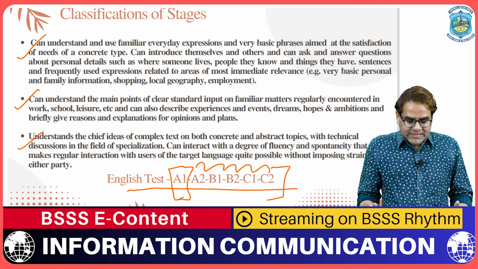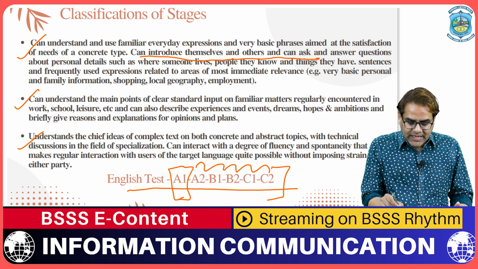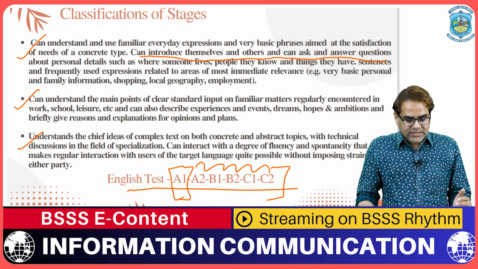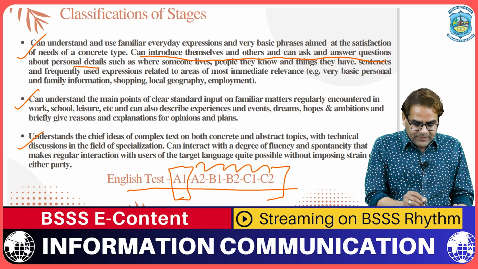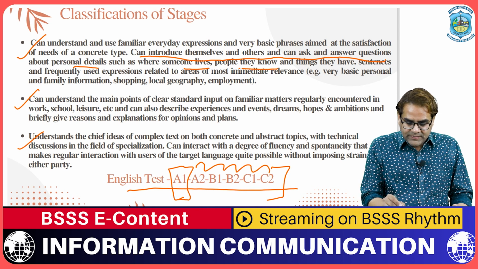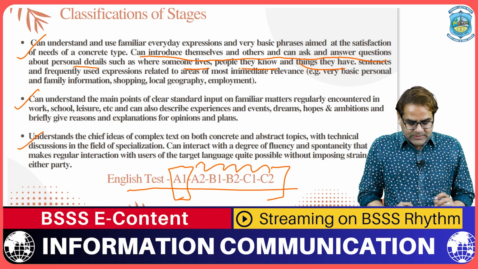In this stage, one can even learn to introduce himself and others, asking and answering questions. That includes personal details, such as where someone lives, people they know, things that they have done, and other frequent sentences.